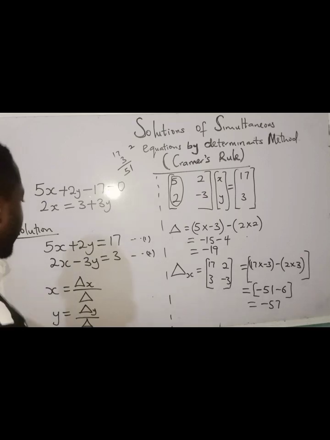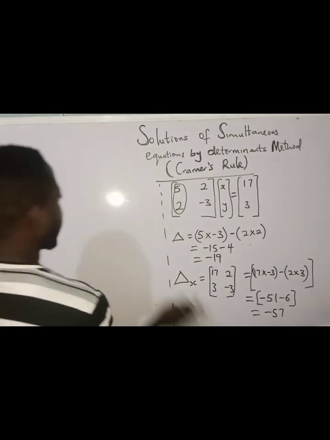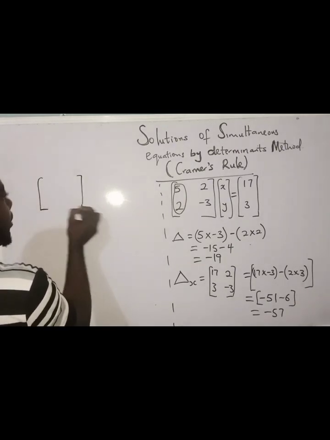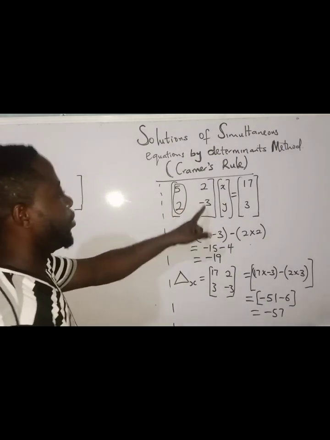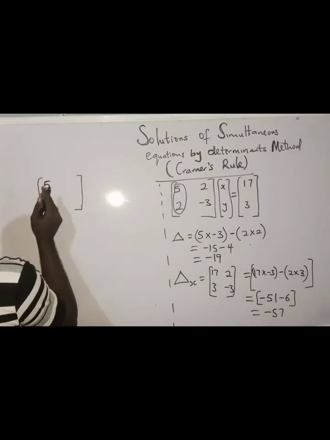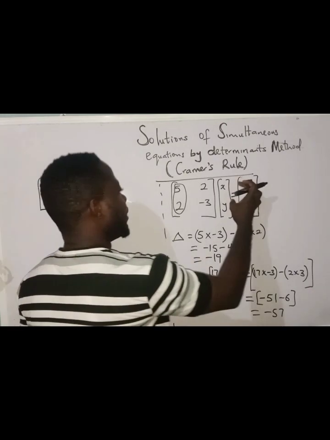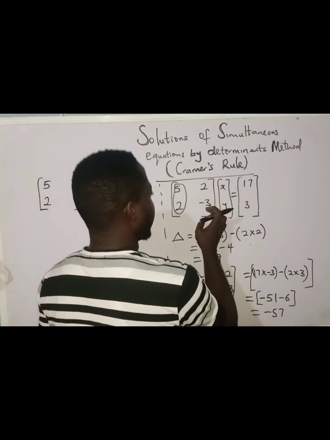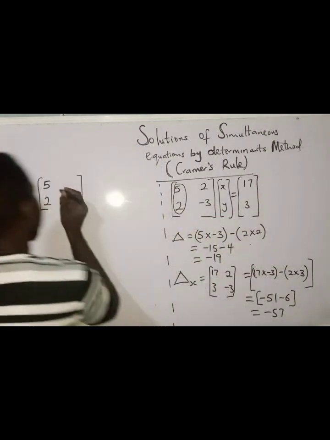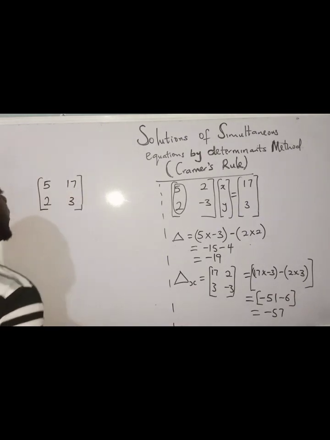Now let's find the determinant of y. We are going to do the same thing here. We are going to replace the coefficients of y with 17 and 3. So you are going to write your 5 and 2, that is the coefficient of x. Now what are the coefficients of y? The coefficients of y are 2 and minus 3. So now we are going to replace them with 17 and 3.